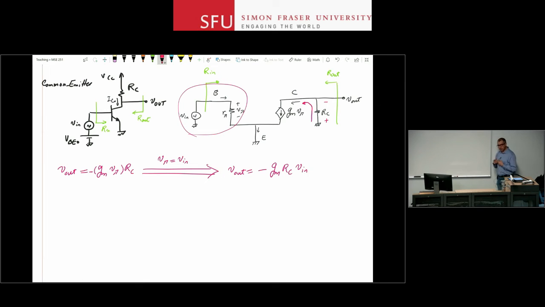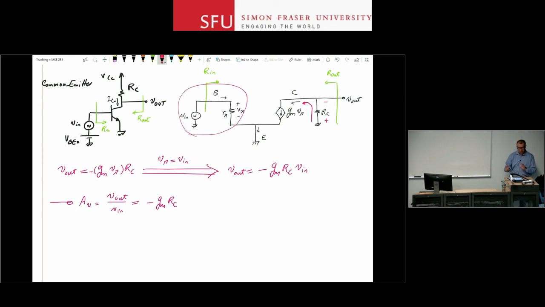Okay? If my intention is to find gain, I can figure out the gain value right away. Av, the ratio of the output to input, is minus gm RC. So I think this shouldn't be a new result for you, right? We have analyzed this circuit before in different ways, and I think you have seen it before.